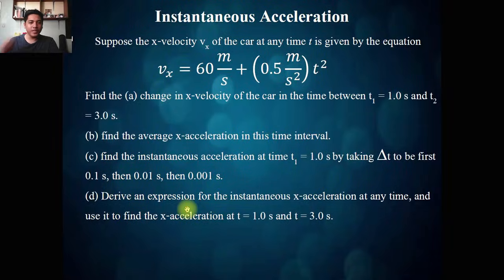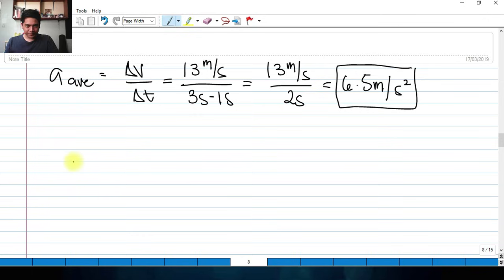Okay. Letter C, find the instantaneous acceleration at time t1, 1 second, by taking delta t to be the first 0.1 second, then 0.01, then 0.001. Now, this is pretty much the same as our previous example, in which we were asked to find the instantaneous velocity a while ago.